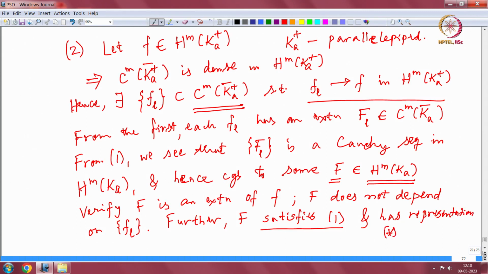Okay, so F also has that similar expression. Okay. So these results we are going to use for a general domain now. So that is our next goal.